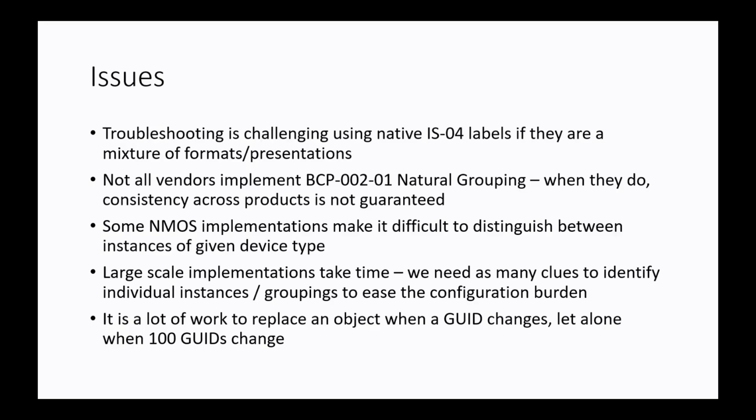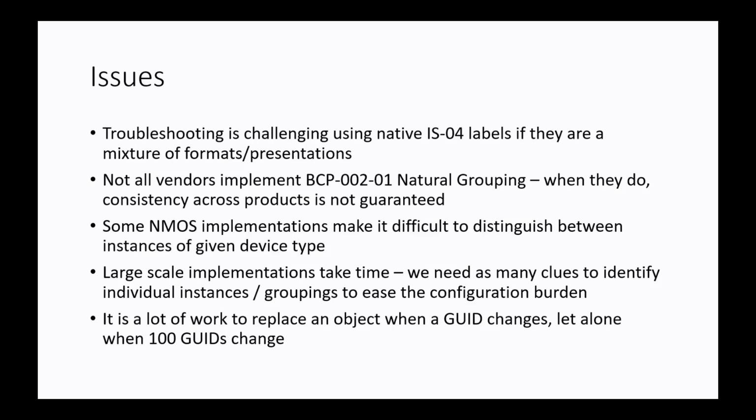That means 2 of those years we were configuring it remotely. Not so easy to go and look for the serial number when you are 200 miles away. So large-scale implementations take time. We need clues to help us identify individual things and items, groupings, to ease our configuration burden.